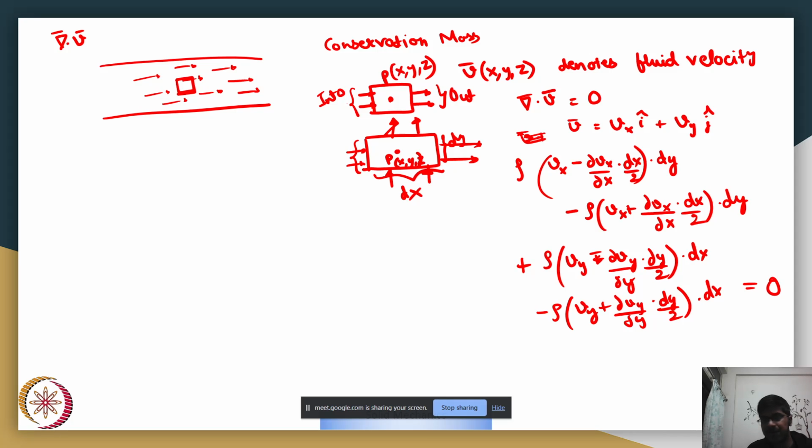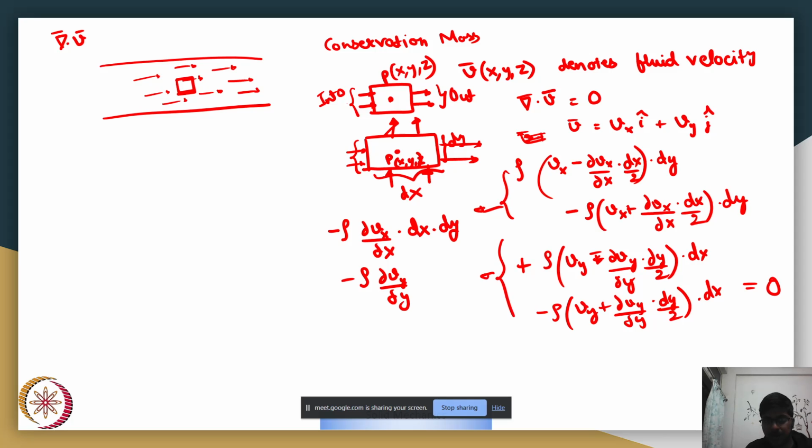The vx terms and vy terms will cancel out. So you will end up with minus rho times dou vx by dou x into dx into dy, minus rho times dou vy by dou y. These two terms are here, these two terms are here, into dy into dx. This should be equal to 0.